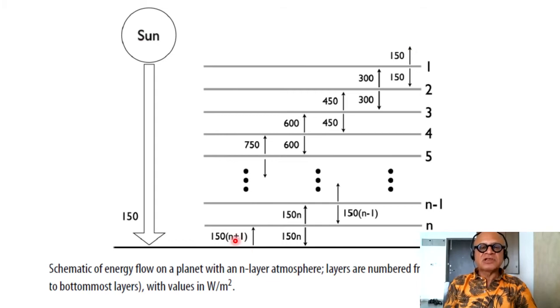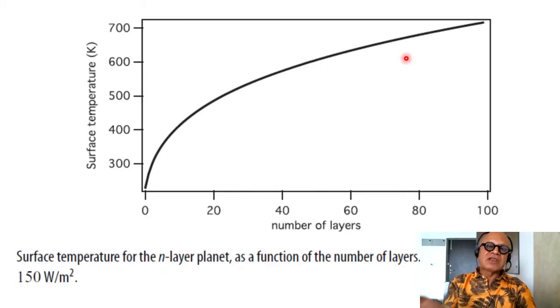So the surface is at a temperature where it is emitting 150 times n plus 1 watts per meter squared. The temperature, sigma T to the fourth, you can derive from that, and here you're at a cold temperature to emit only 150 in sigma T to the fourth. So this idea comes out much more clearly when we do it this way. So you can now go back and listen to the other podcasts if you want.